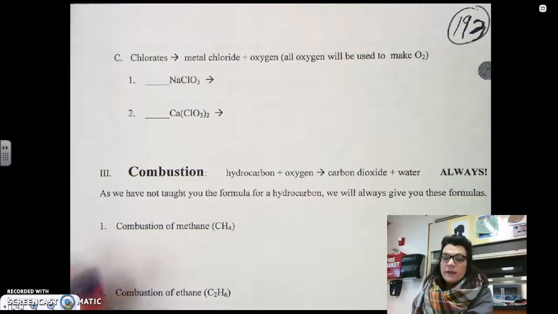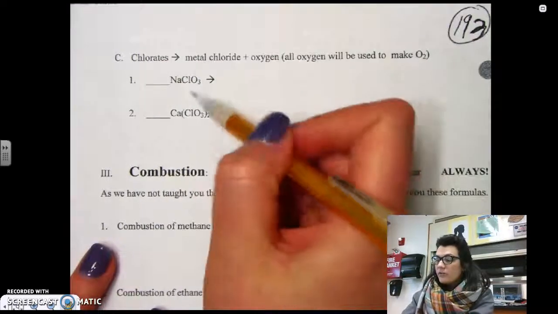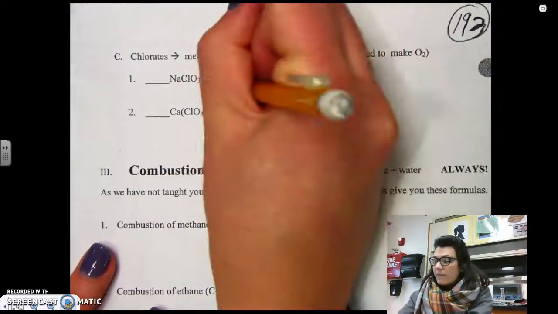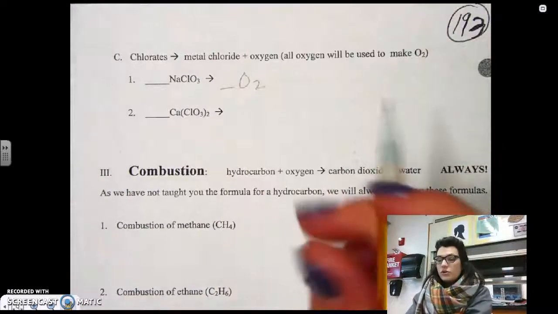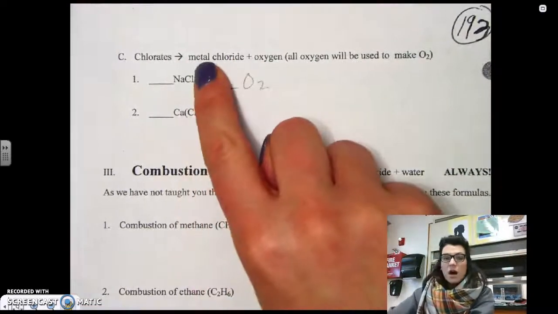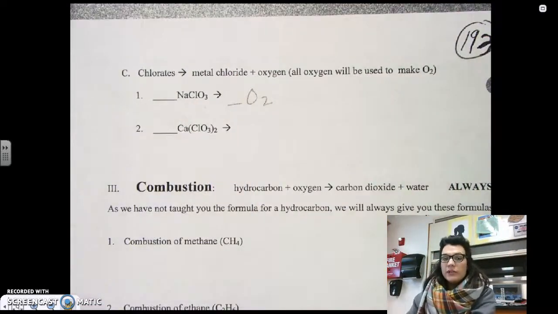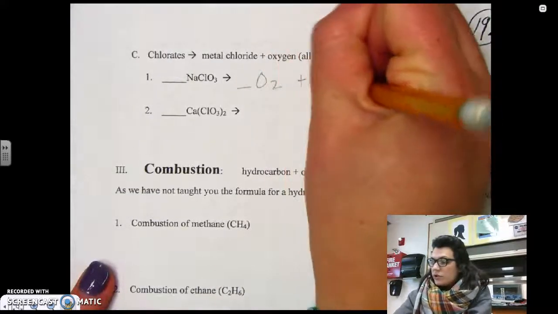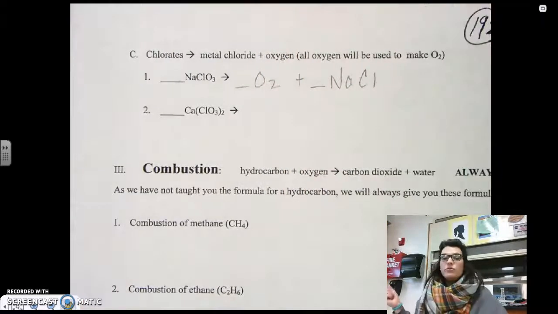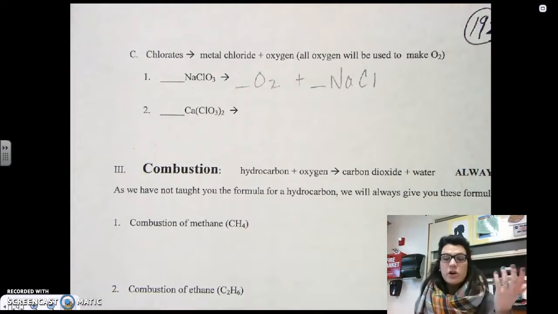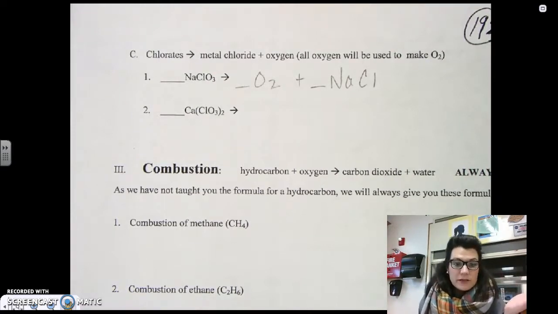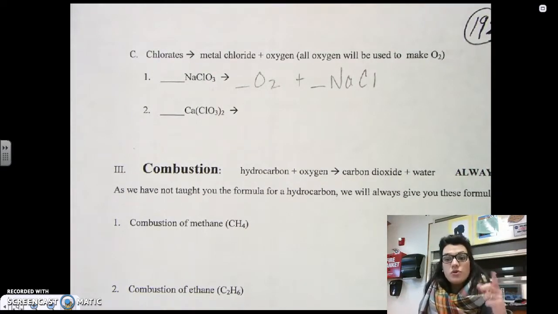Everything else is left over, so for sodium chlorate, now that all of the oxygen is gone, I only have sodium chloride left. You do need to make sure your charges cancel. Sodium is plus 1, chlorine is minus 1, so they do cancel.